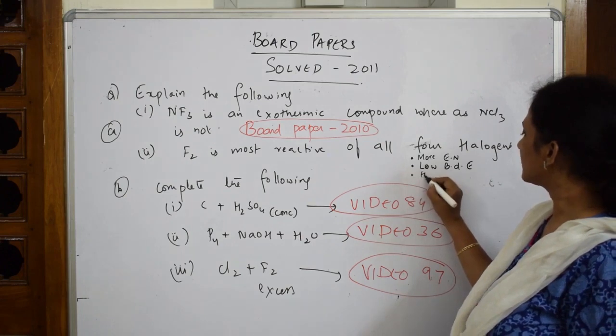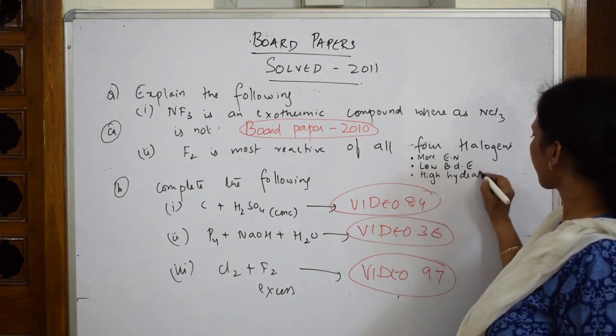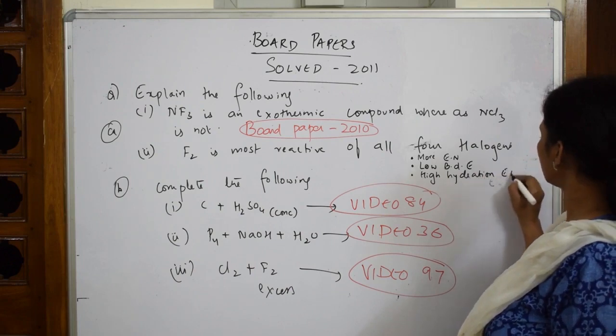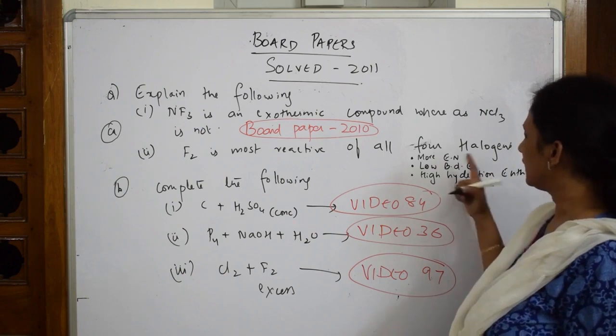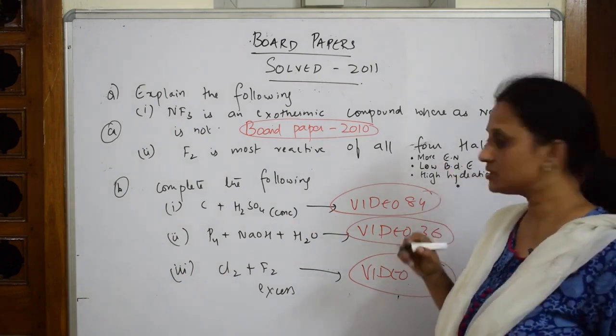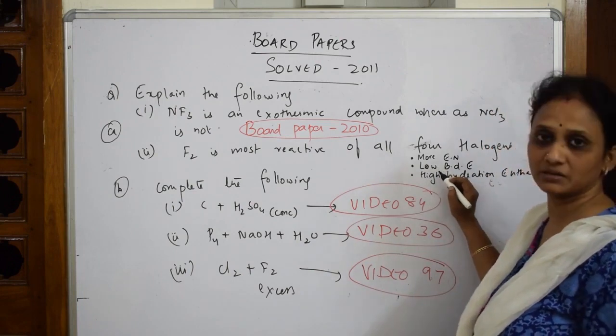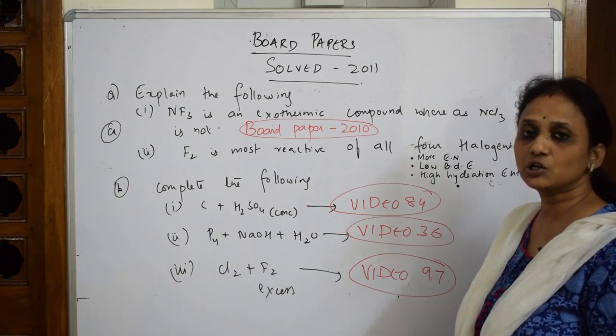Third important, high hydration enthalpy. The last one, electronegativity, is covered. When the electronegativity is more, automatically the bond dissociation enthalpy, which is only 158 kilojoules per mole.